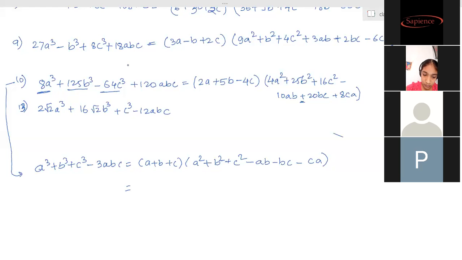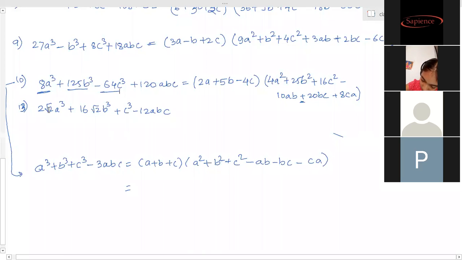Okay, I will solve that question for everyone. Yes, Madhushri, what happened? In the 13th question, is 2 root 2a cube the cube of root 2a? Yes.